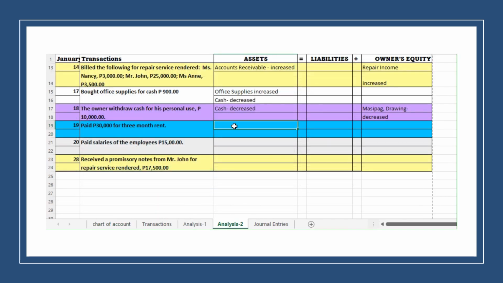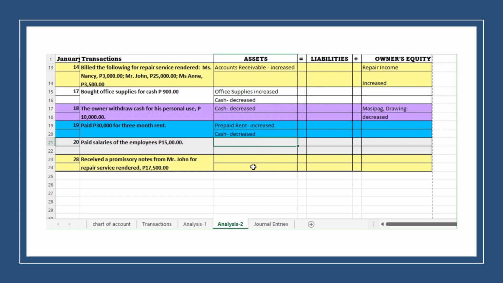So, prepaid rent increase, and the other account is cash. But by this time, cash is to be credited because of the word paid. So, cash is credited in order to decrease.